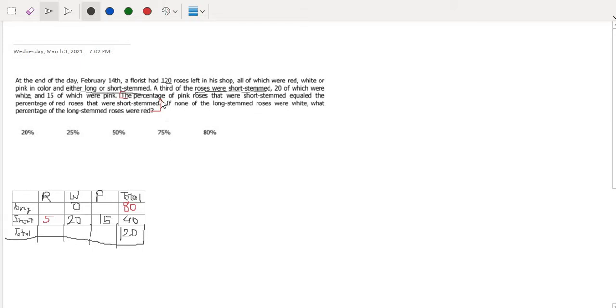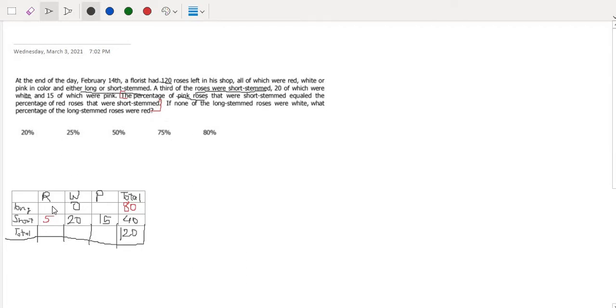Now let's go back to this. The percentage of pink roses that were short stemmed is equal to the percentage of red roses that were short stemmed.